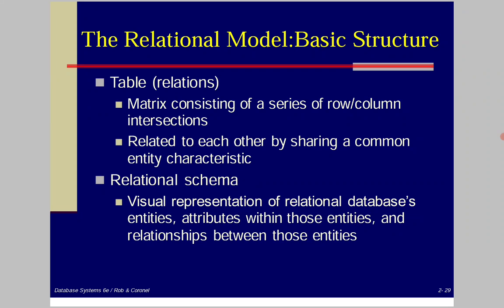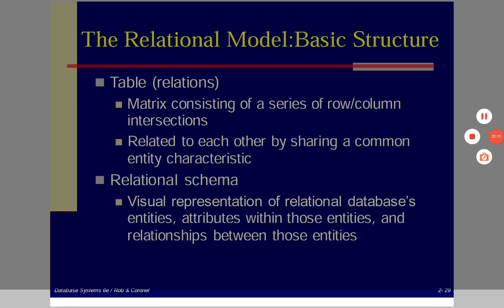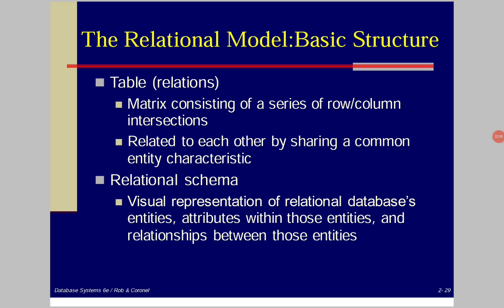The relational model basic structure. In relational model, frequently used term is called table or relation. A relation is a matrix consisting of a series of rows and column intersections.